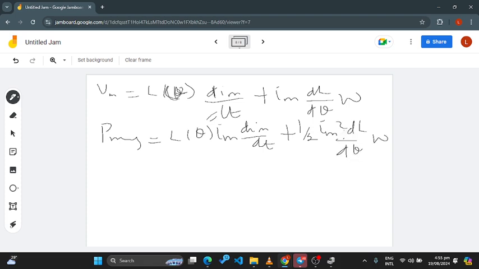Okay, so I'm coming to draw this circuit. That one you should know how to draw.